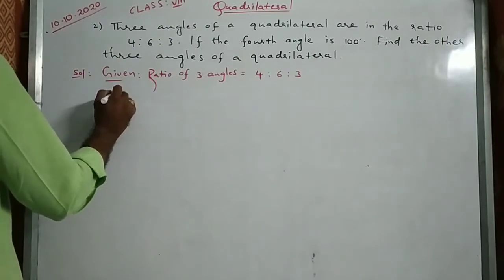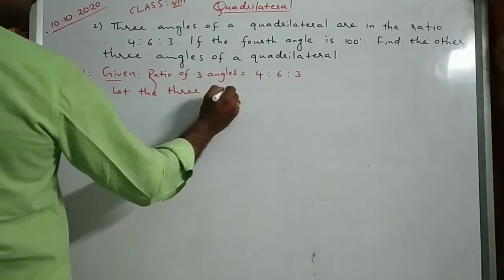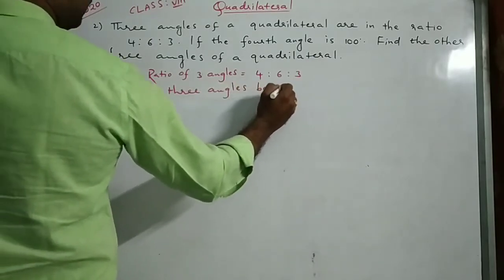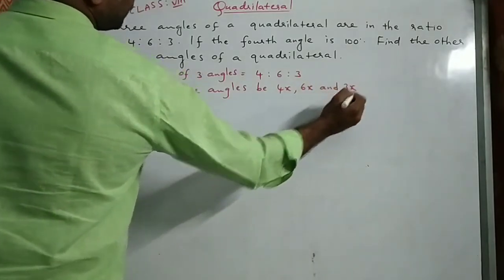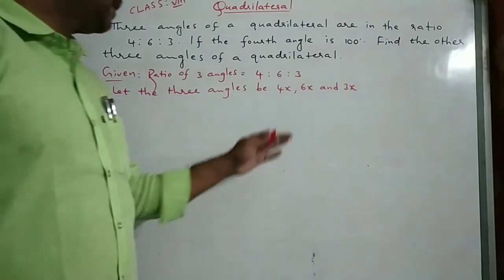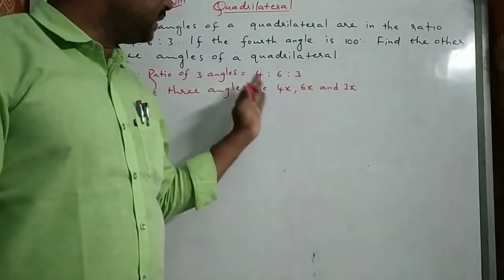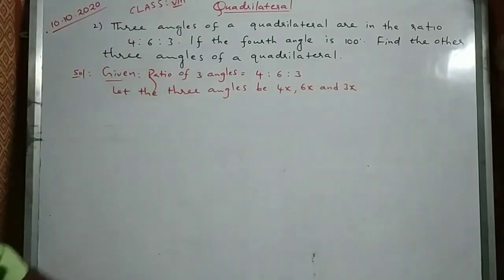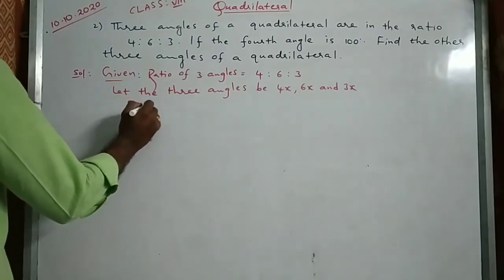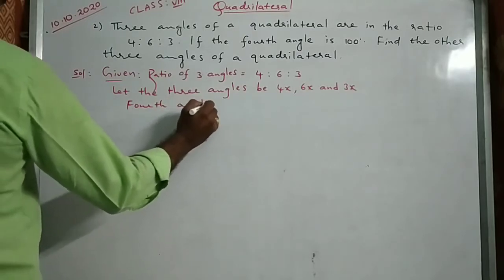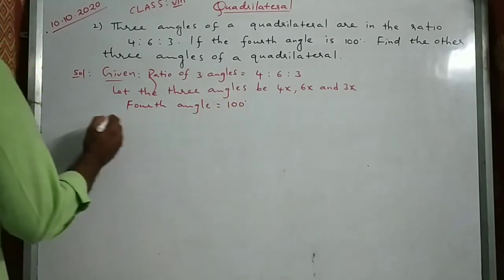Let the three angles be 4x, 6x and 3x. If you take the ratio, x cancelled, so you will get 4:6:3 only, no problem. Three angles are there. What is the fourth angle there? It is given in the problem. Fourth angle equal to 100 degrees.